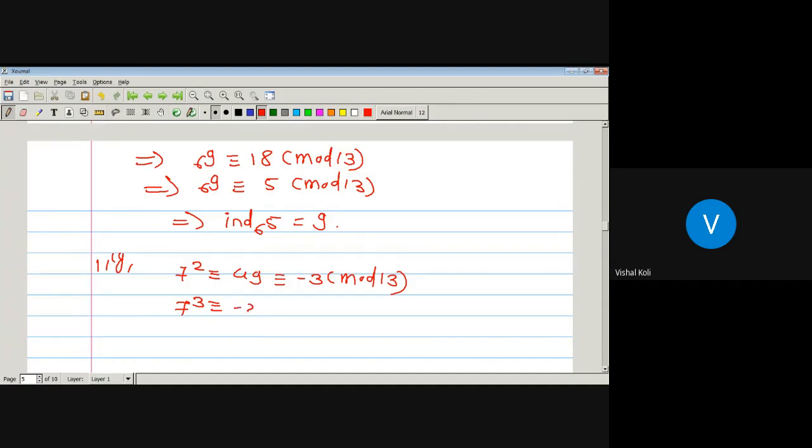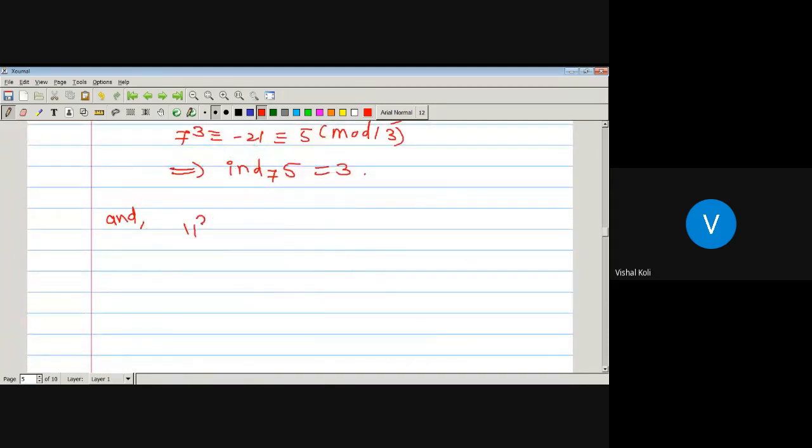What is the value of minus 21? Five. Which is 5 modulo 13, which implies the index of integer 5 relative to primitive root 7 is equal to 3.